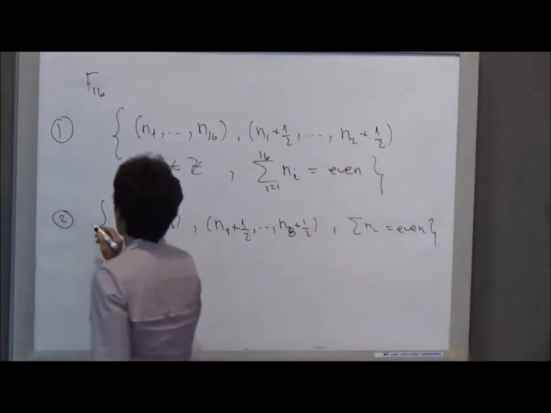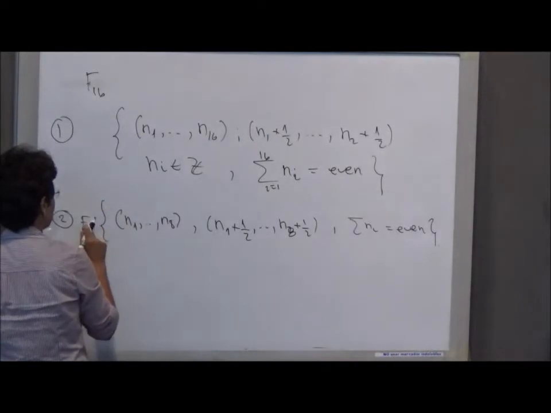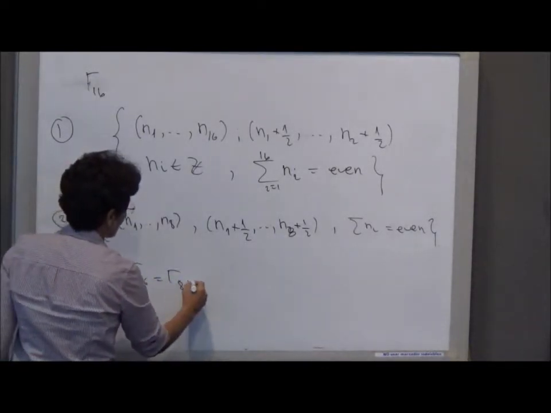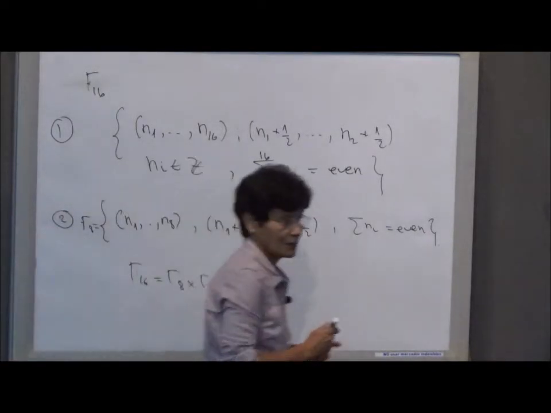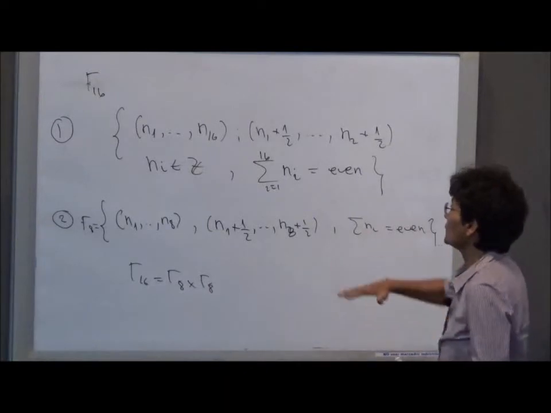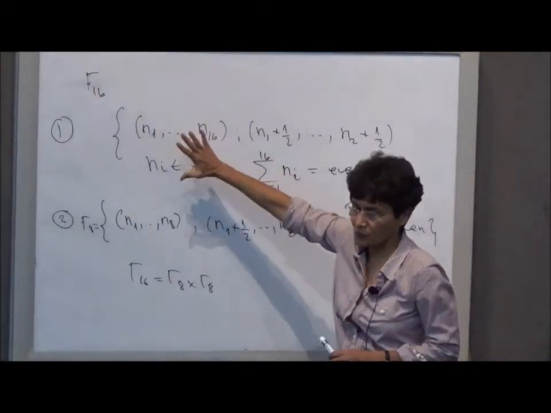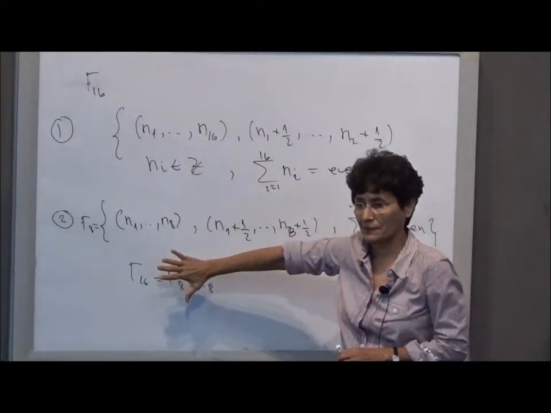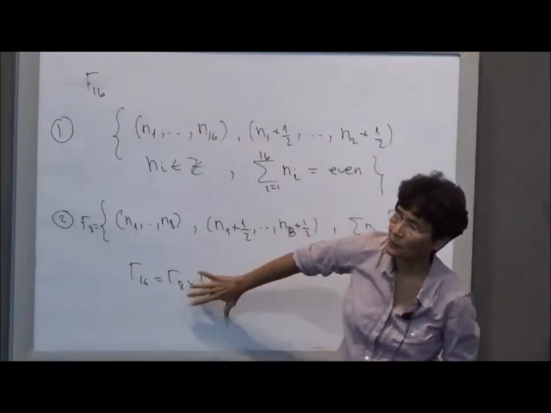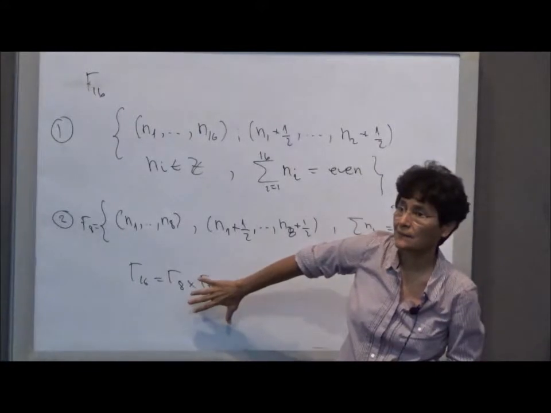So the second lattice is the product of two of these. So this is one solution and this is the other. This is the one that gives you SO(32) and this is the one that gives you E8 cross E8.